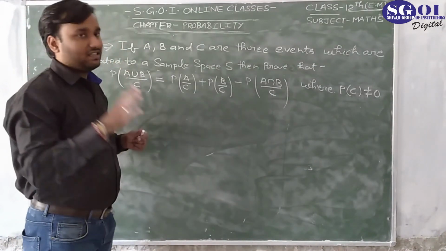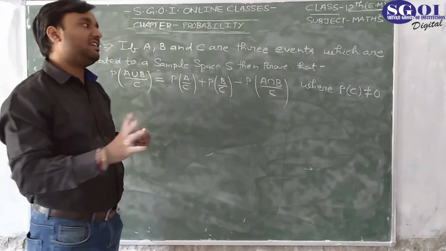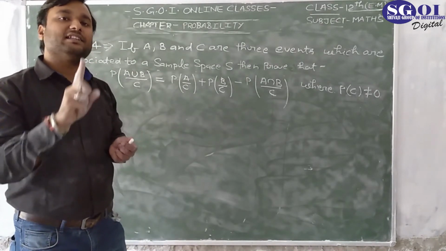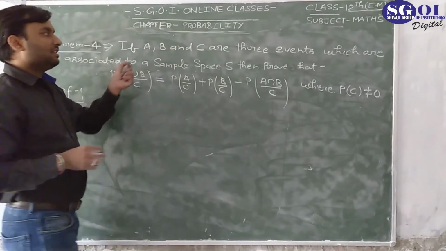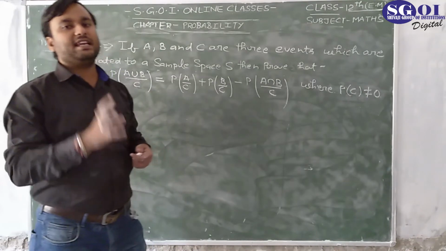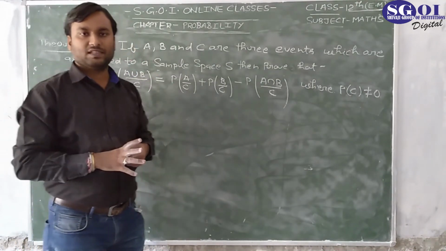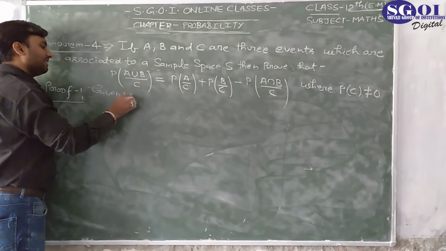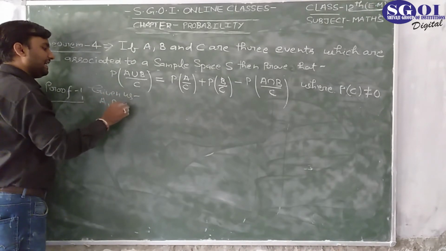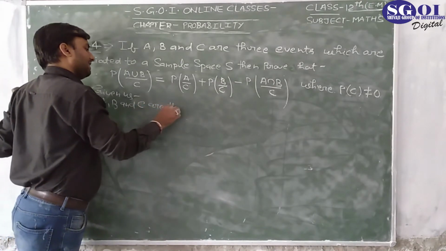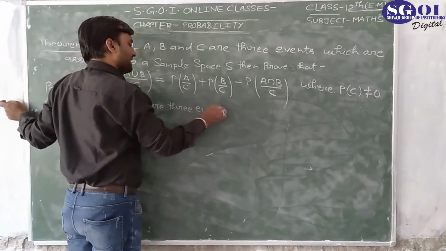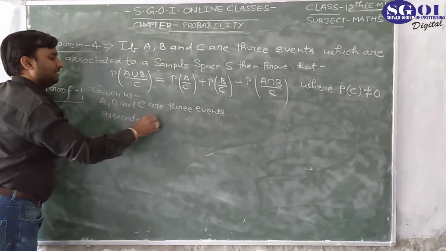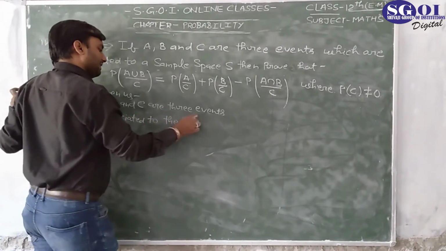But for proving this theorem, you have to understand the Venn diagram of this theorem very well. Suppose capital A, capital B and capital C are three events associated to the sample space S.